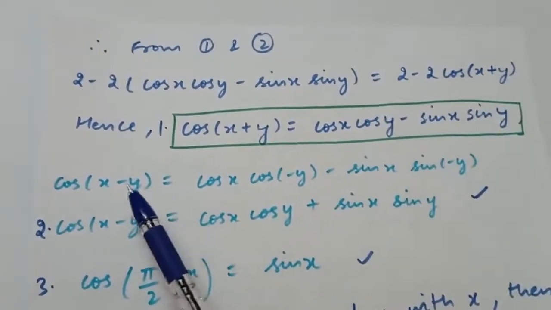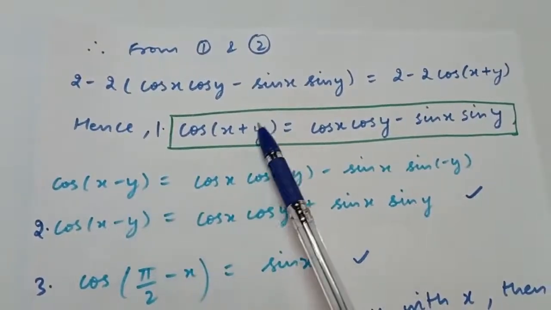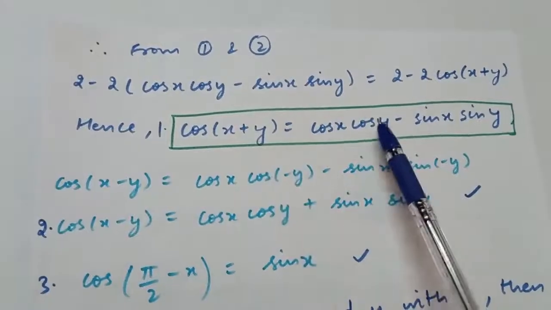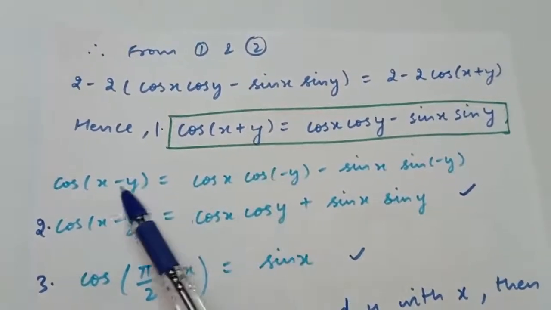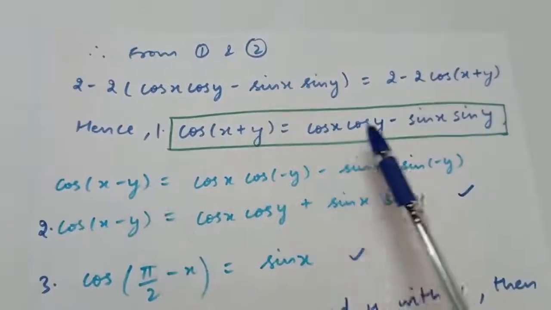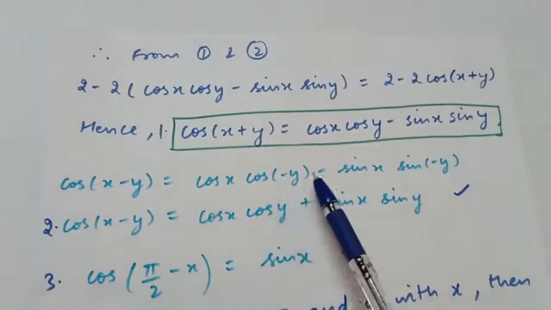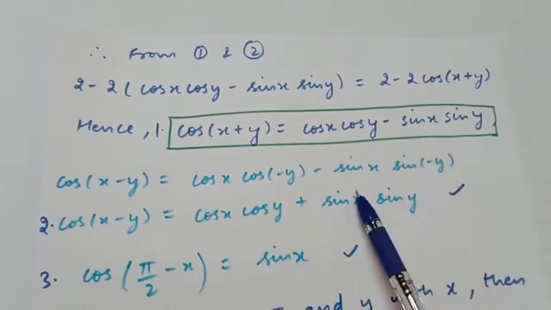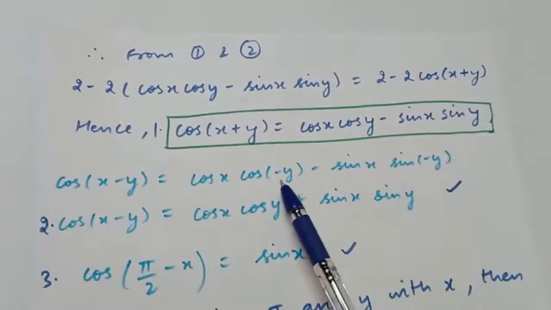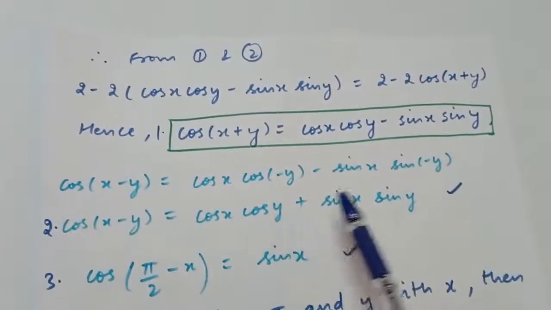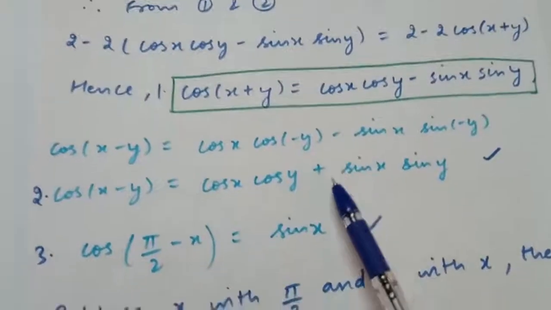Now for the formula of cos(x minus y), in place of y, just write minus y, right? Because here it is plus y and now here it is minus y. So in place of y, just write minus y. So cos x cos(minus y) minus sin x sin(minus y). So we know cos(minus y) is cos y and sin(minus y) is minus sin y. So this minus will now become plus.